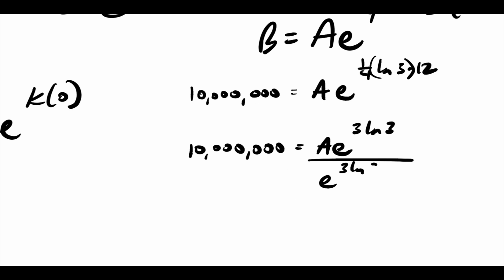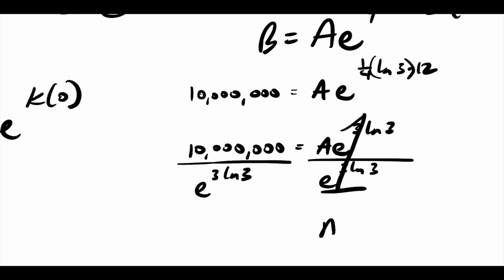Divide this by 3 natural log of 3, and you get A. So just put that in your calculator, and you're done.